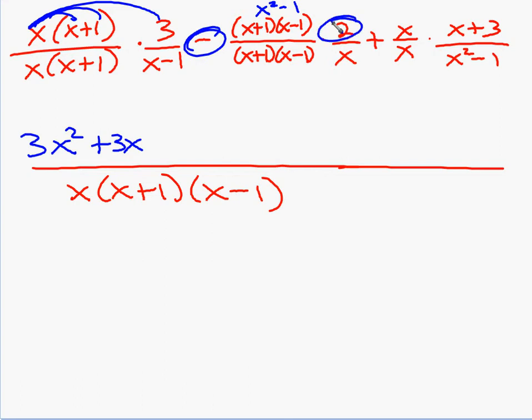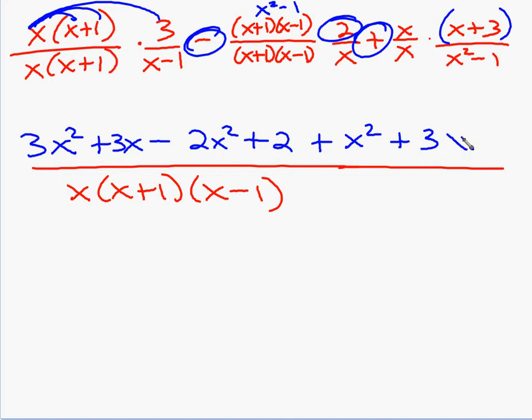So it's going to be minus 2x squared plus 2 after I distribute that through. The last one is not so hard because I've got a plus here, and I'm just distributing x through x plus 3. So this will be plus x squared plus 3x.